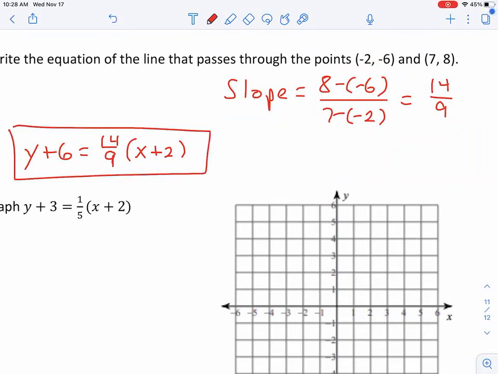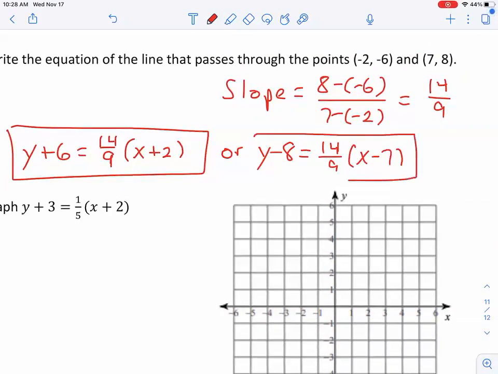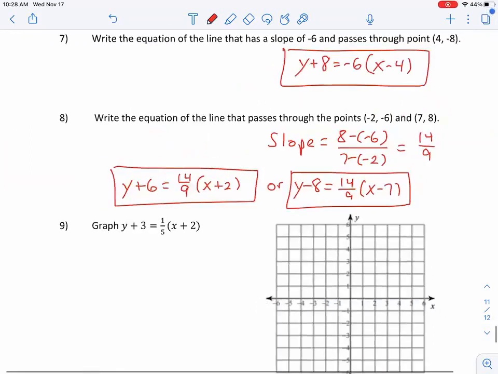So that was the answer many of you had, which is perfect. Or if you use the second point, it would be y minus 8 equals our slope, which is 14 over 9, times x minus 7. Again, you don't need to have both of them, just one or the other.